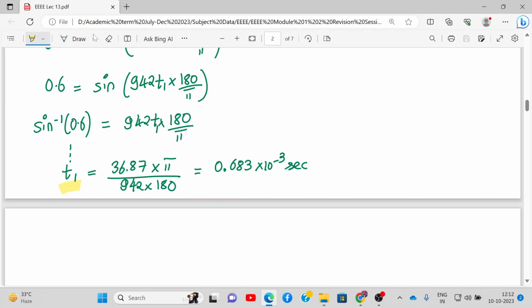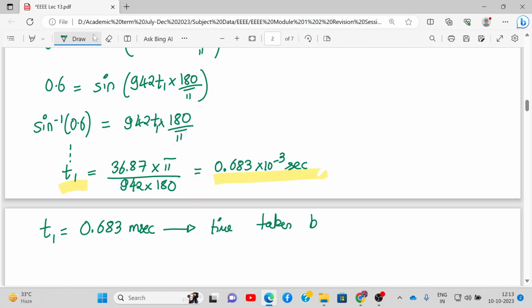So we have got the value of t1 as 0.683 millisecond, and this is the time taken by the AC voltage to reach plus 6 volt for the first time.